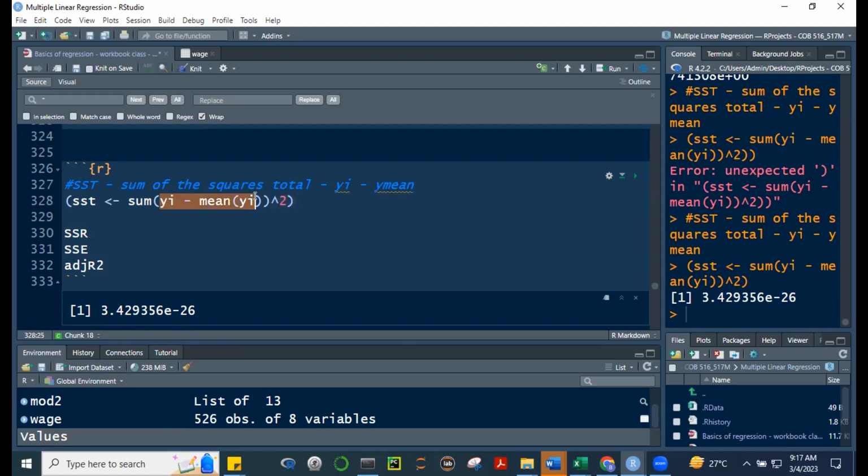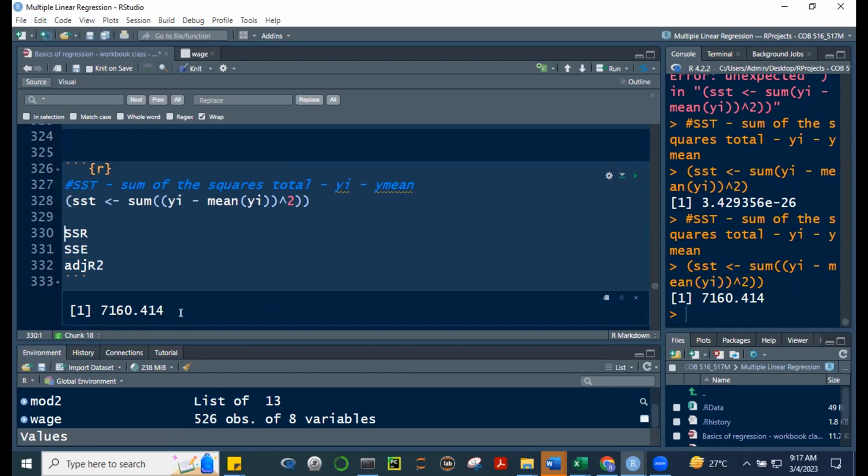Y sub i minus average y sub i, sum, and then I squared it. I'm missing the sum here. Okay, let me see. This should be right now. Yeah, that looks more reasonable.